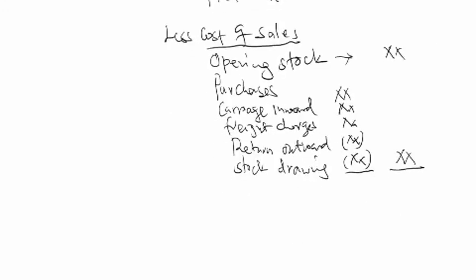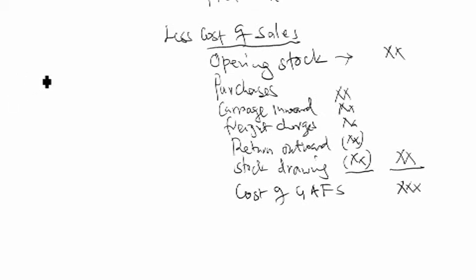So now we have whatever we get after we add opening stock and purchases and its adjustment. This one here, we call it cost of goods available for sale. That's what we have.